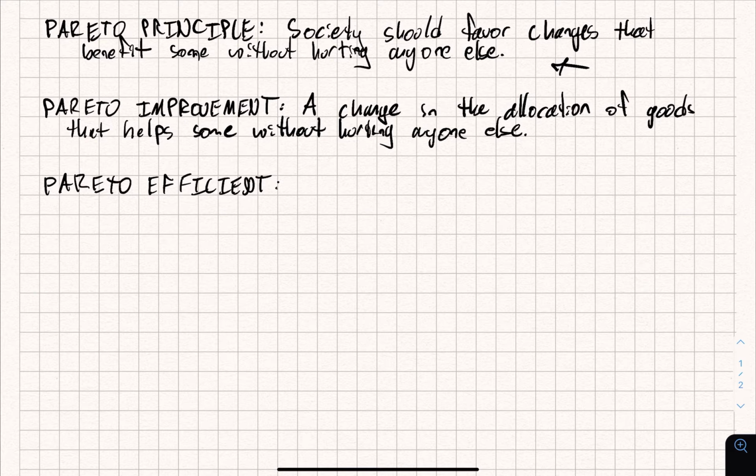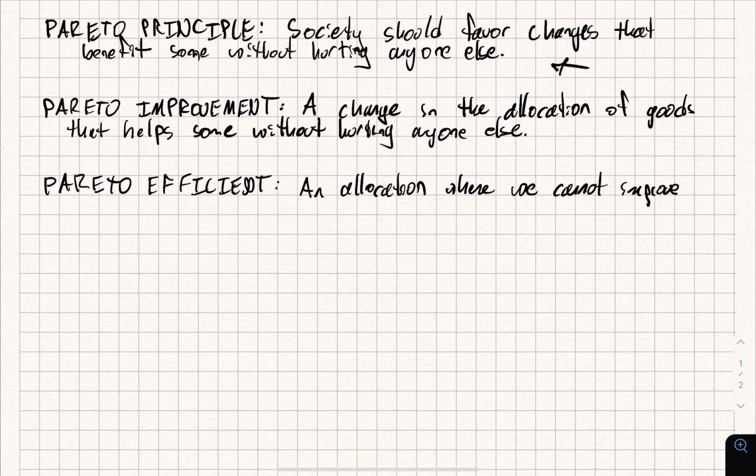There are a couple ways to write this. I'm going to write it as an allocation where we cannot improve anyone without hurting anyone else.